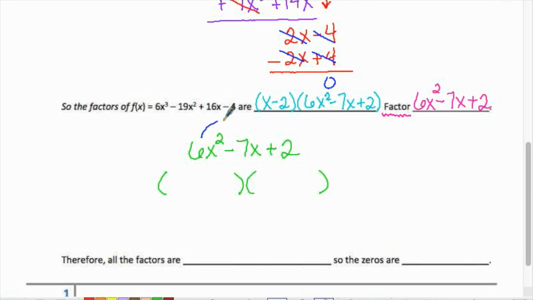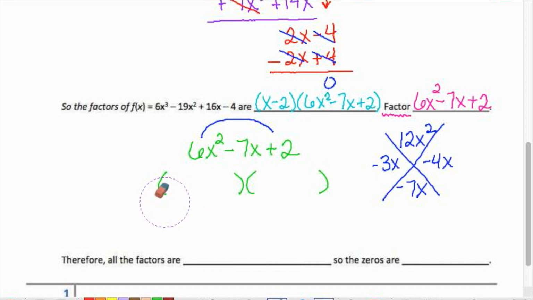I'm going to do 6x squared times 2, which is 12x squared. But I need to add up to a negative 7x. So give me factors of 12x squared that add up to negative 7x. Well, that would be a negative 3x and a negative 4x.